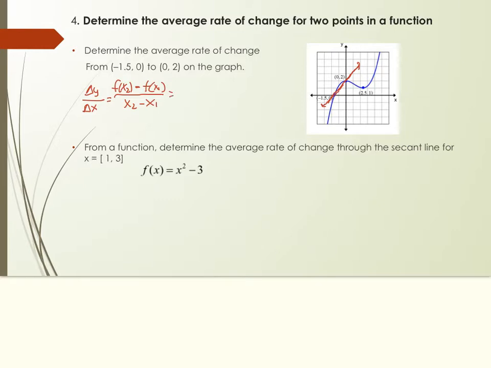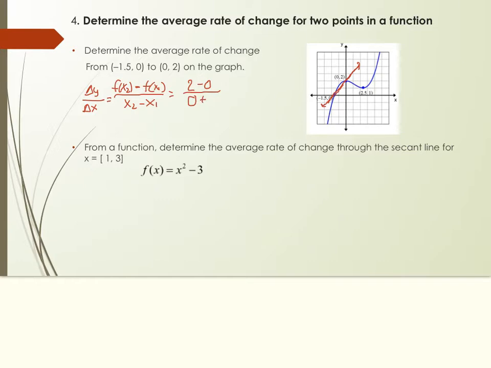In this case, we see that 2 is the higher number, so I'm going to go ahead and pick that one. It doesn't matter actually. 2 minus 0, right? Because those are the y values. And then for the x values, I get 0 plus 1.5, right?